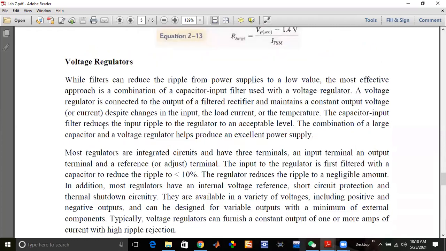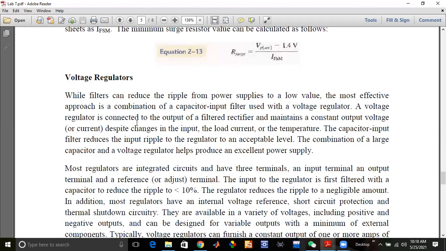So what is meant by voltage regulator? When you do the filter operation, you get the output, but it has some fluctuation. You know that our circuit requires smooth DC.